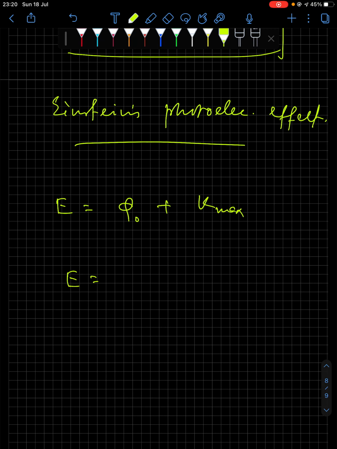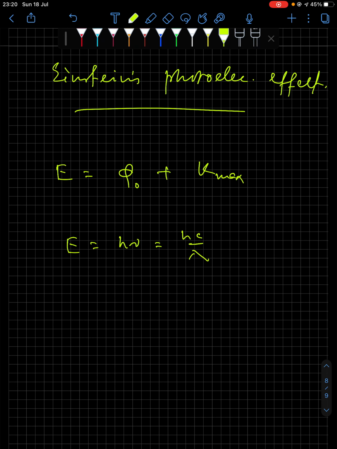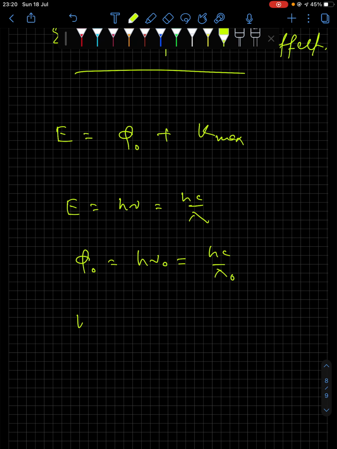Now energy of incident light, while solving numericals, you'll find this energy can be given in terms of frequency as h nu, or in terms of wavelength, hc by lambda. Similarly the threshold energy or the work function can be written as h nu naught, or hc by lambda naught.